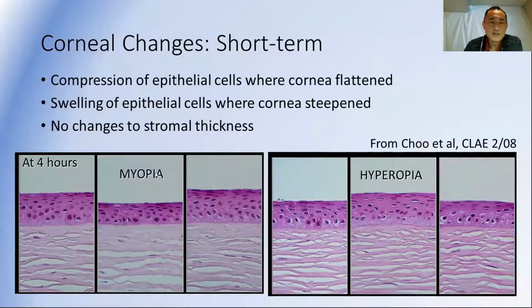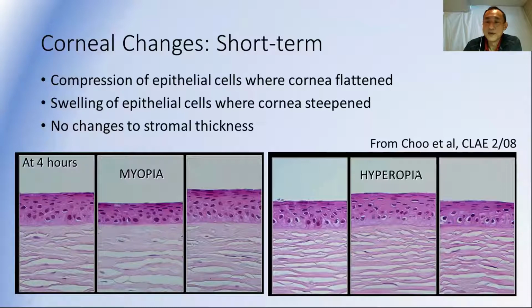And what she found was that when they put on myopic Ortho-K lenses, meaning flattening the center of the cornea and steepening the mid-periphery, at 4 hours, you had no changes in the stroma, but in the epithelial layer, you actually had compression of the epithelial cells. You still had the same cells there, but the contents of those cells were squeezed and pushed into adjacent cells, such that the central cornea became flatter, or thinner, I should say, and the mid-peripheral epithelium became thicker.